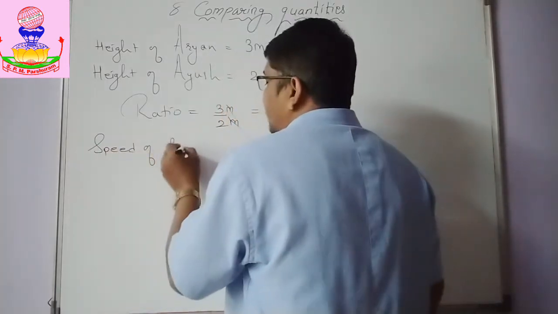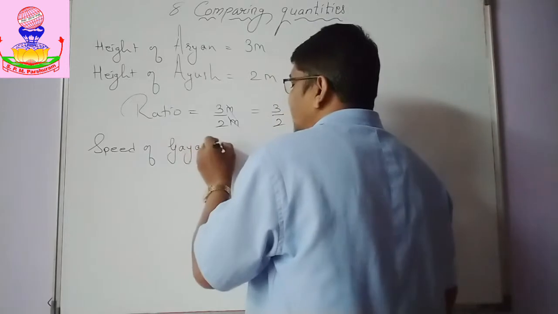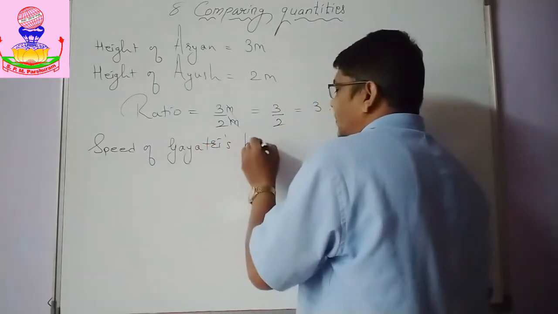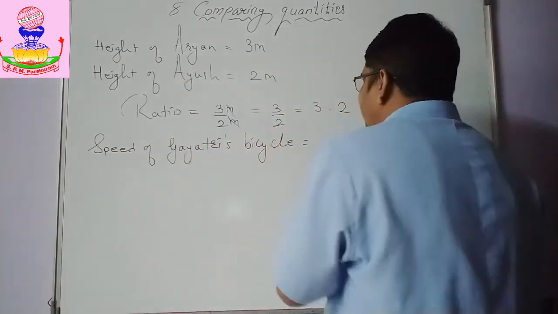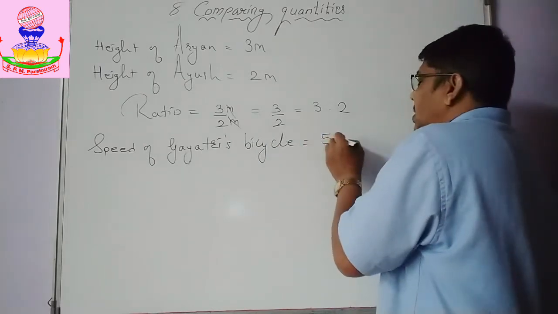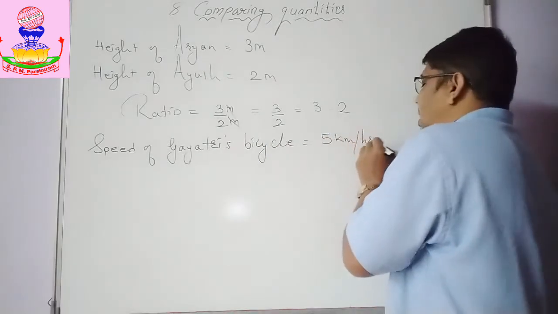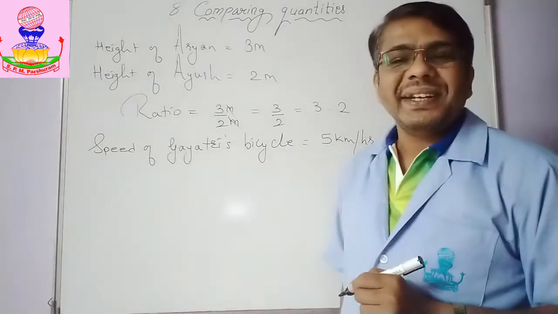Speed of Gayatri's bicycle is 5 kilometers per hour. Okay?